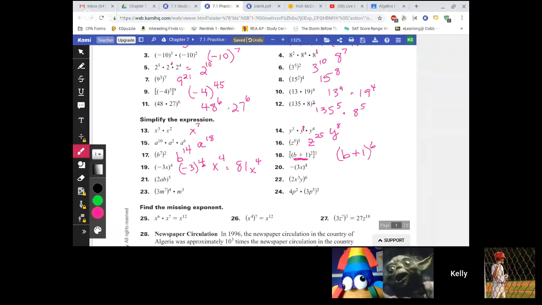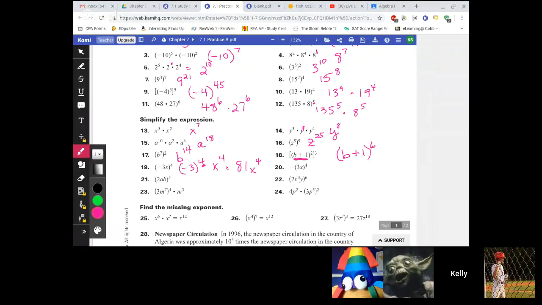If the power is odd, your answer will be negative. Because in simplest of terms, a positive and a negative make a negative, and a negative and a negative make a positive. So if you did that an even number of times, it's going to turn out to be positive. If you do it an odd number of times, it's going to be negative.